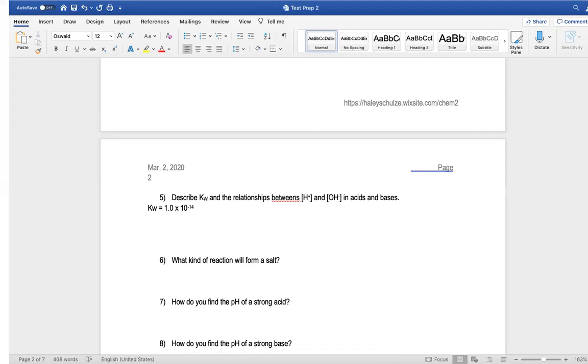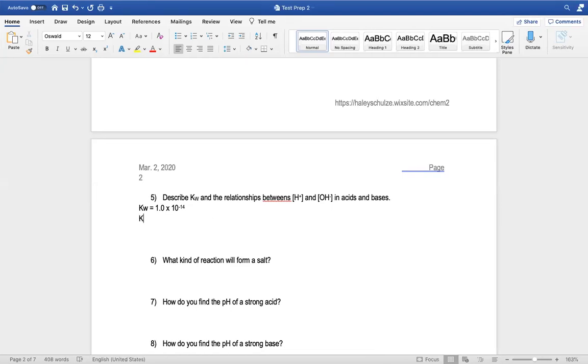All right, what else do we have from that? Oh, and then Kw is also equal to your concentration of hydrogen times your concentration of hydroxide. There we go.